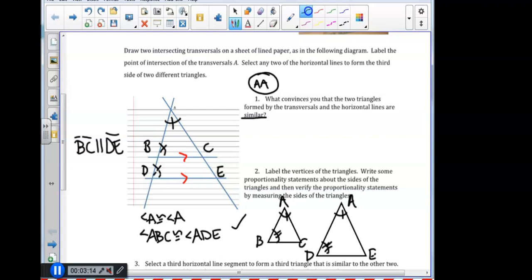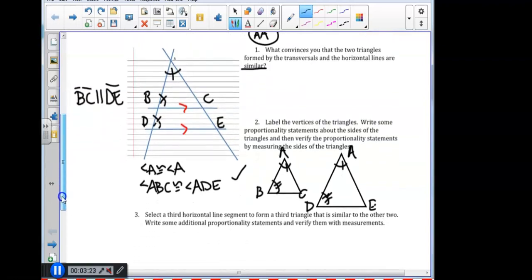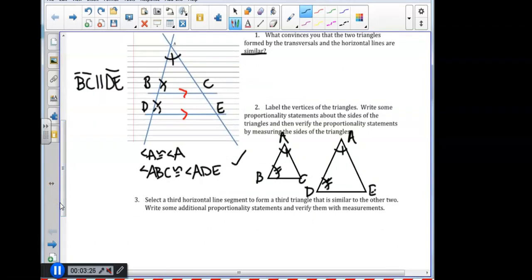Then we're asked in 2, well, I've already labeled the vertices of the triangles and I redrew them. We're asked to write some proportionality statements then. So recall that if two triangles are similar, which we've just proven, then their sides will have the same ratios. So let's write some proportionality statements.